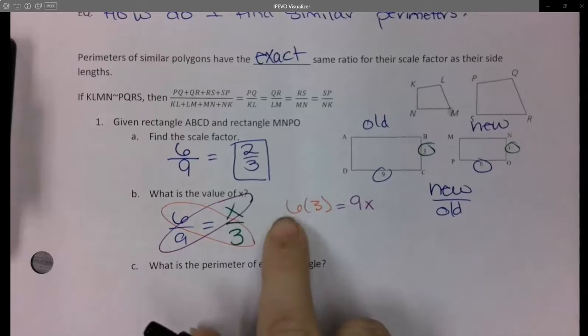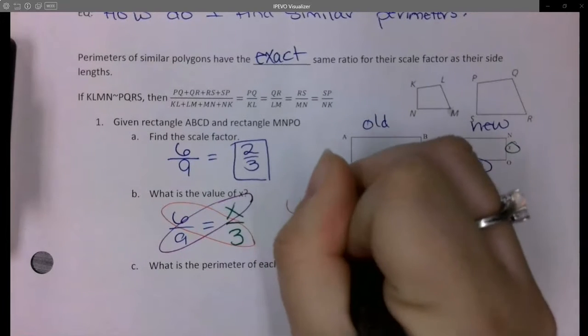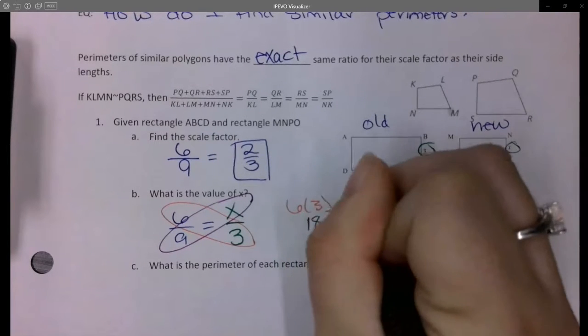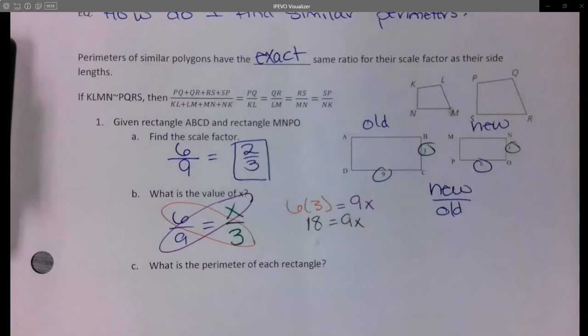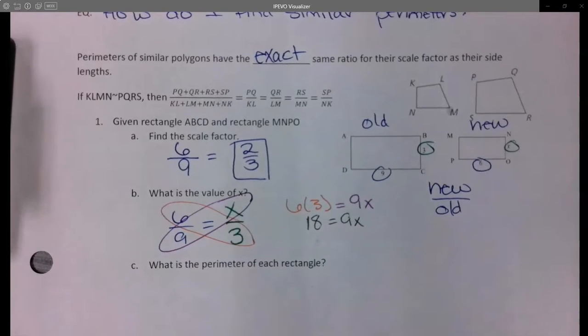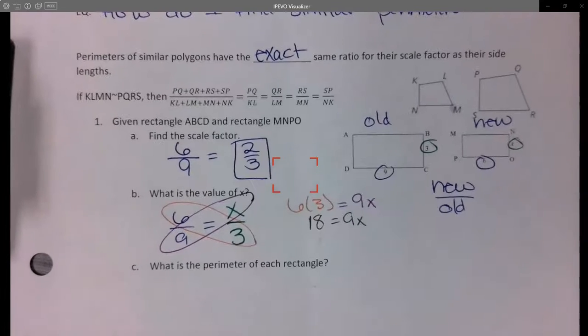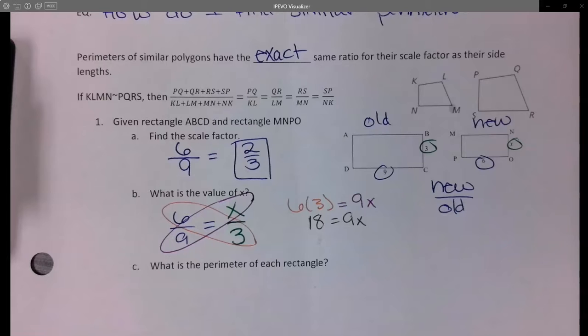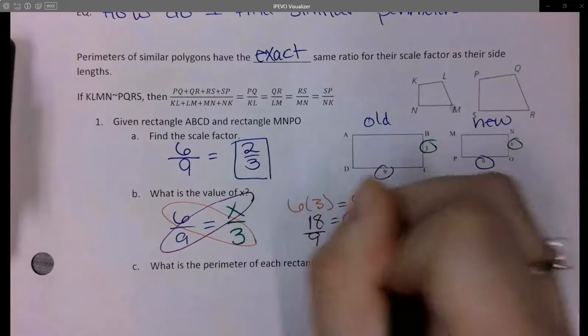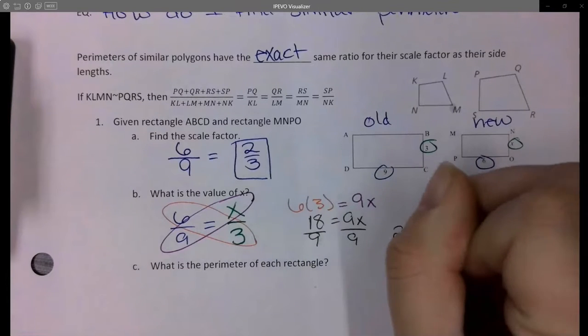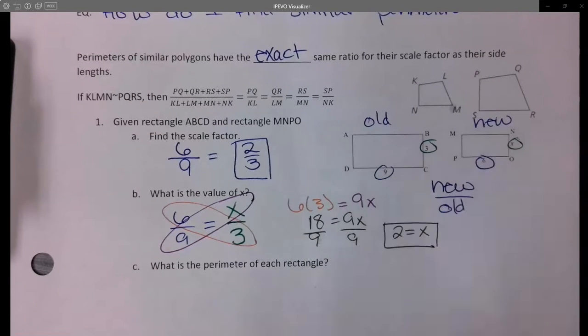Then I want to multiply. 6 times 3 is 18. Then I want to divide both sides by 9. And I get 2 equals x.